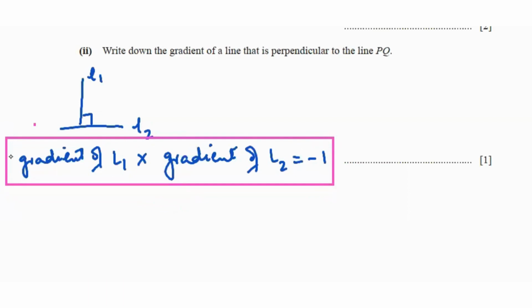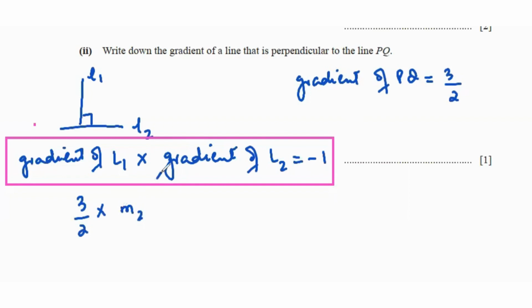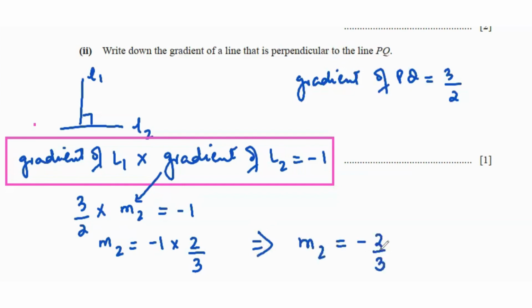So the gradient of PQ was 3 over 2. So I'm going to say 3 over 2 times m2, which is the gradient of L2, equals -1. So m2 is going to be equal to -1 times 2 over 3. I cross multiplied 2 with -1 and then divided it by 3, which is going to give us m2 equals negative 2 over 3. That is your gradient of the line perpendicular to the line PQ.